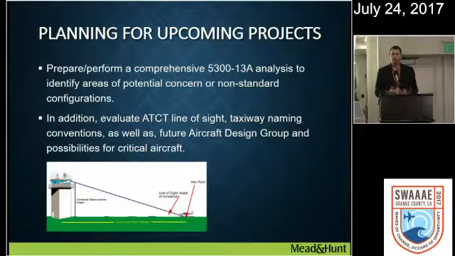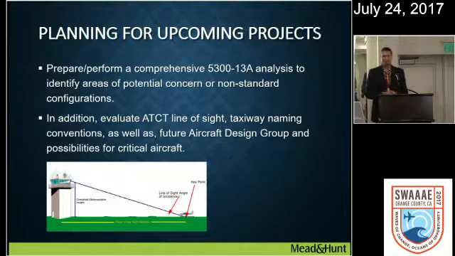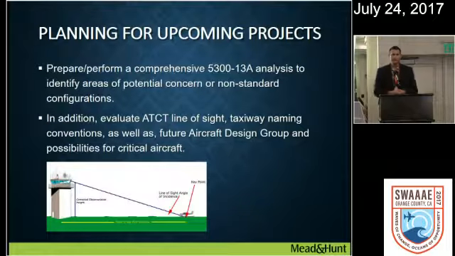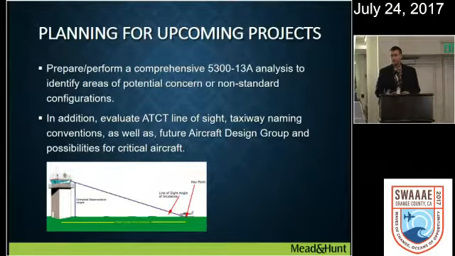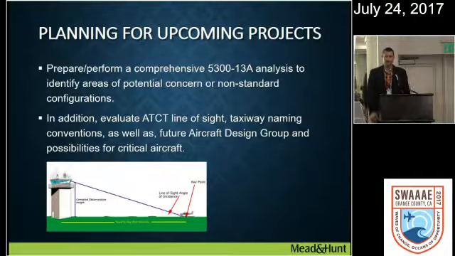The main goal of it is to do a comprehensive analysis of the 5300-13A, identify all the potential areas of concern and non-standard configurations. And in addition, evaluate all the different elements, including air traffic control tower line of sight, taxiway naming conventions, as well as your future airport design groups and possibility for changes in the critical aircraft.